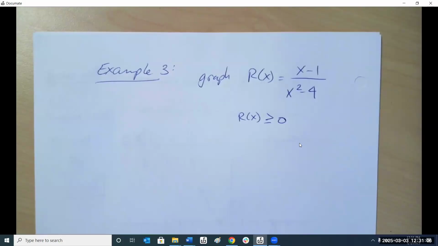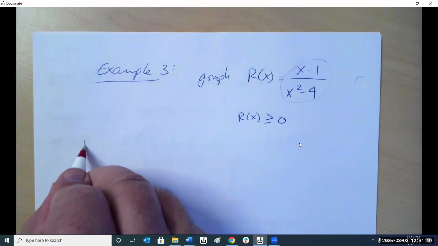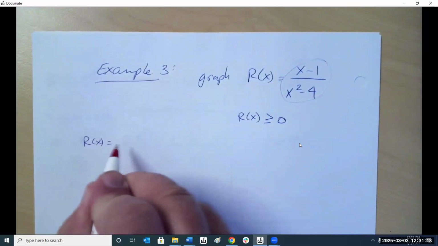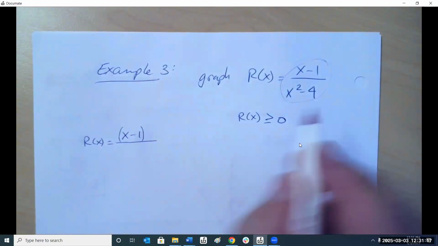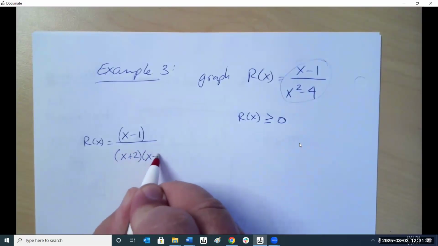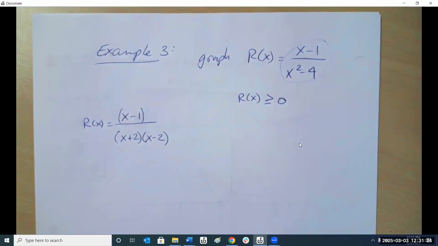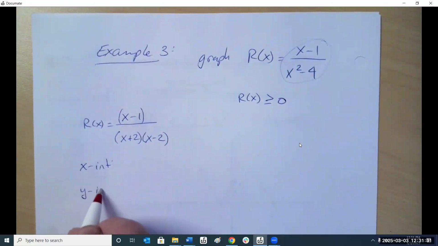Set to 0? Nope. What do we have to do here? Oh, yeah. Factor it first. Always factor. So what does the bottom become? It's the difference of two squares. So my x-intercept, my y-intercept, my vertical asymptote, my horizontal asymptote, my oblique asymptote, and then here's the graph.